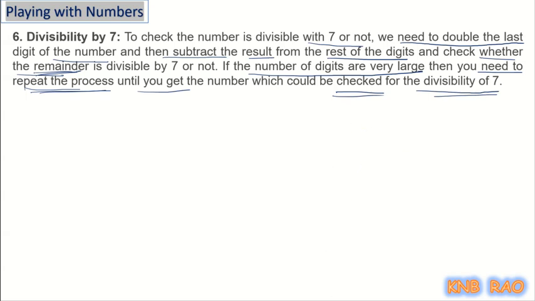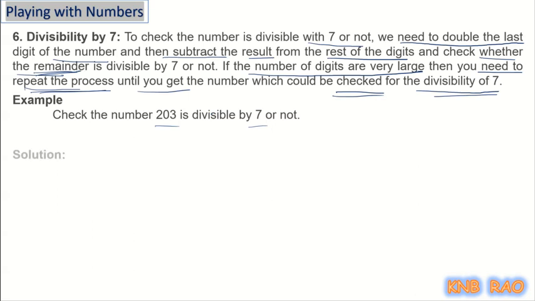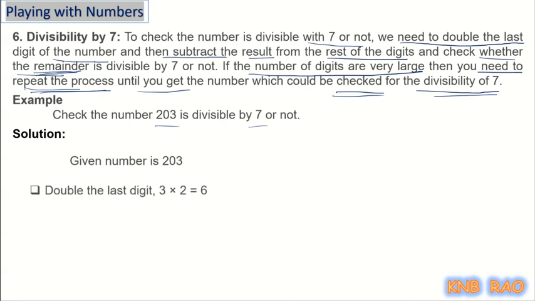Let me take one example. Here we will check whether 203 is divisible by 7 or not. It is just a 3-digit number, so with one step only we will get it. The last digit of 203 is 3 and double of 3 is 6. Given number is 203, double of the last digit is 6, and 6 is subtracted from the rest of the digits, the rest of the digits being 20. 20 minus 6 is 14.